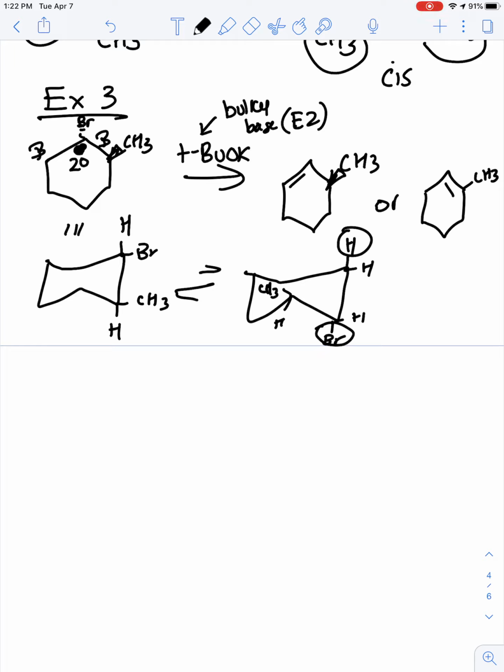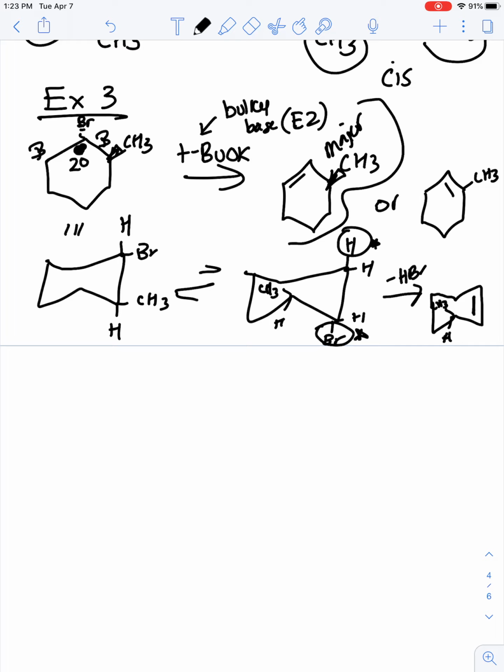Since they are both in the axial position, this is going to be the least stable chair conformation, but this is what has to happen in order for the substrate to react. When this happens, the hydrogen and bromine are lost, and we form the double bond. That will show you that this right here would be our major product, and this product would not form.